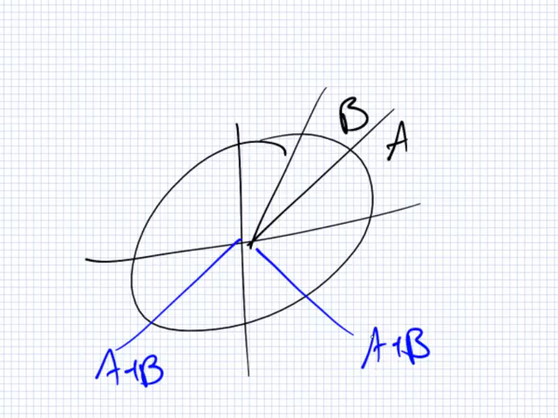What's the biggest angle B can be? 90. And A? B can be 90 and A could be up to 90. So what's the biggest A plus B could be? 180.